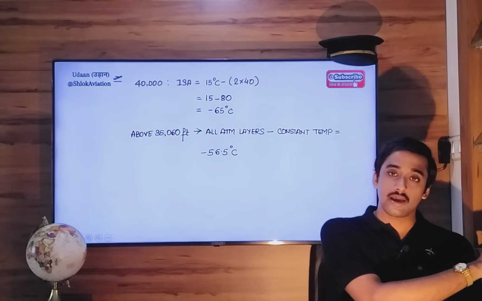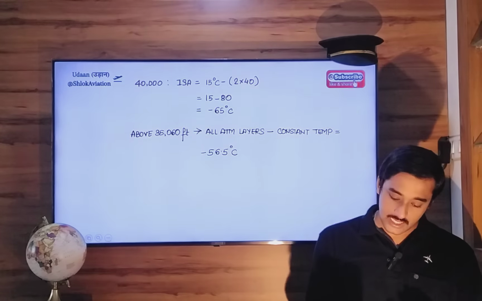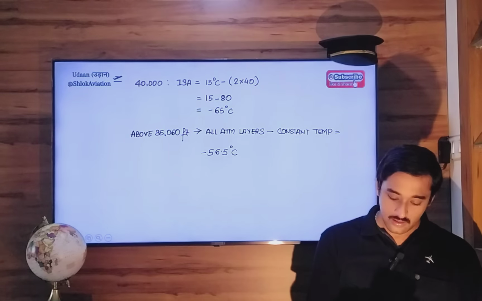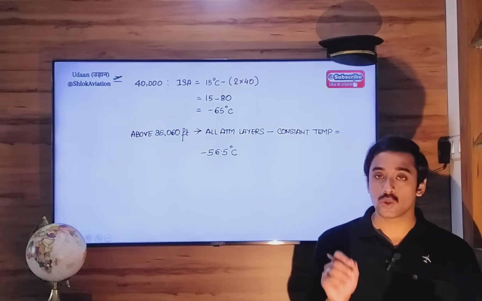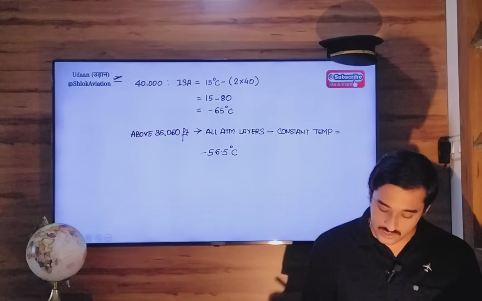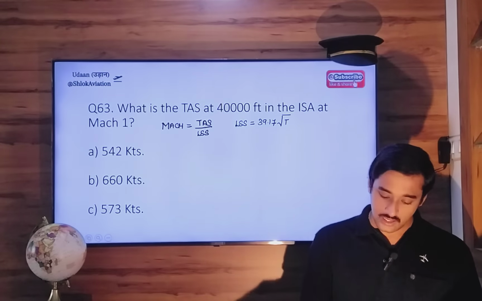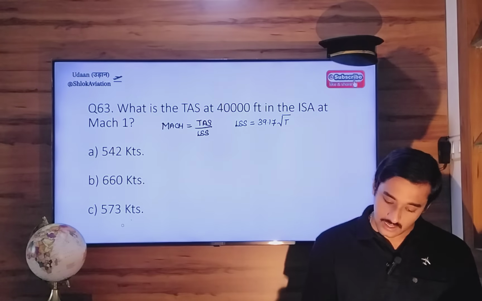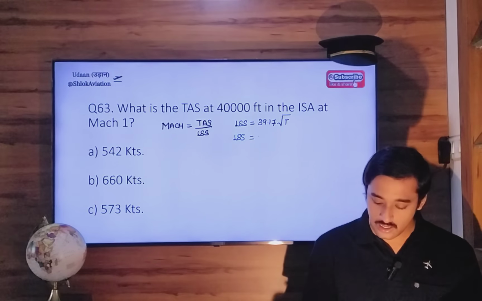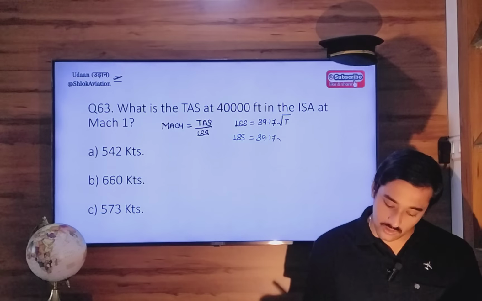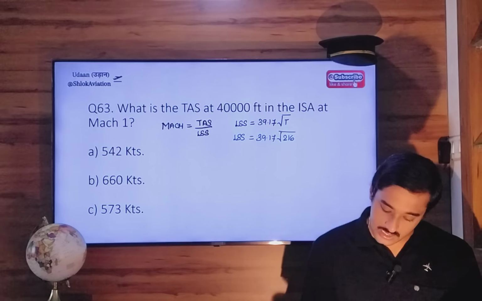What will be the Kelvin temperature? Minus 56.5 plus 273 equals 216.5 Kelvin, so approximately 216 Kelvin. Let's substitute the values here. Local speed of sound will be 39.17 square root of 216.